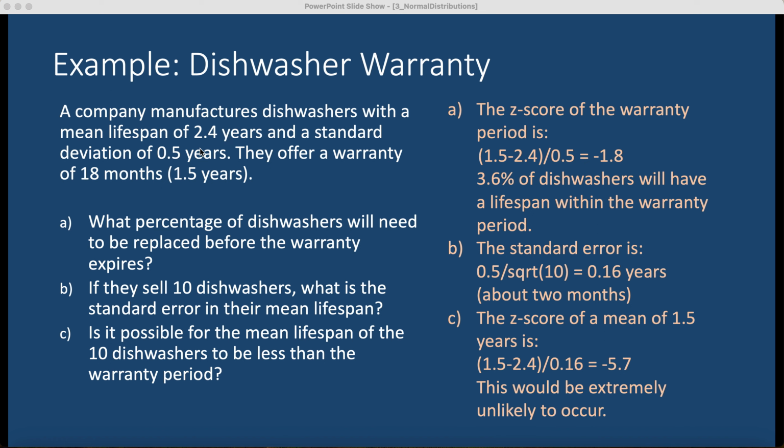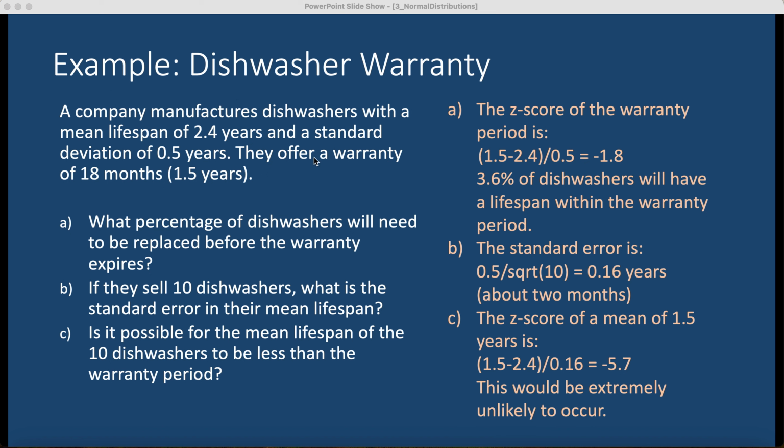So that range, 1.9 to 2.9, 68% of dishwashers are going to live between 1.9 and 2.9 years, presuming that it's really a normal distribution, which is what we're presuming here.